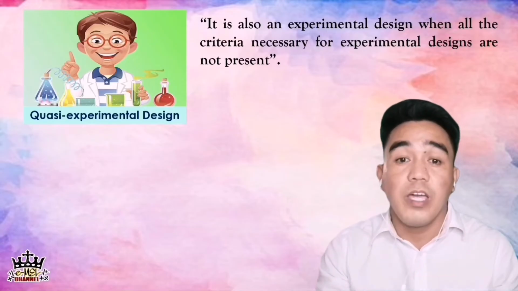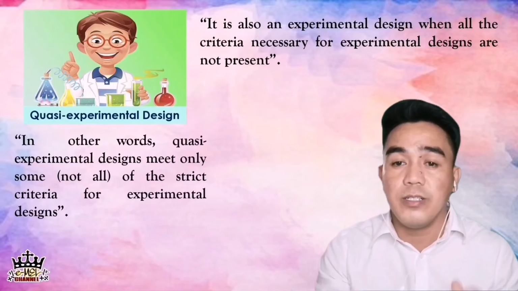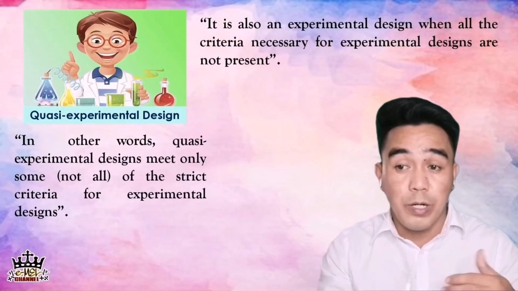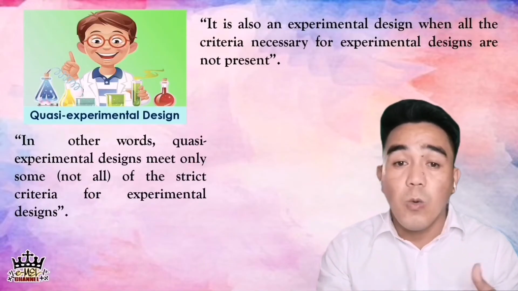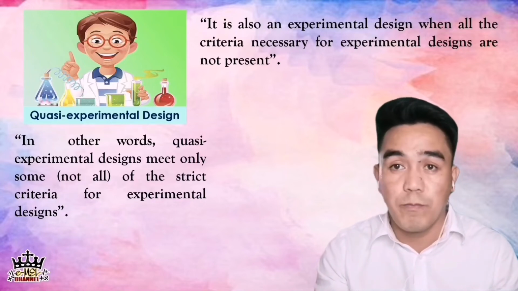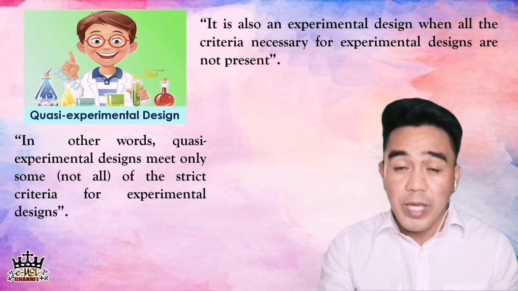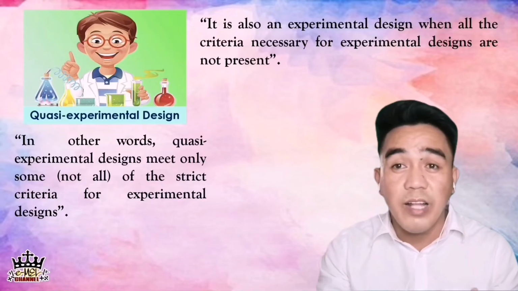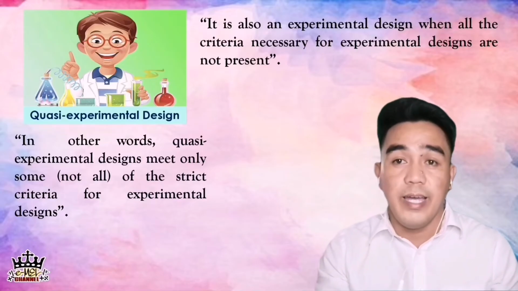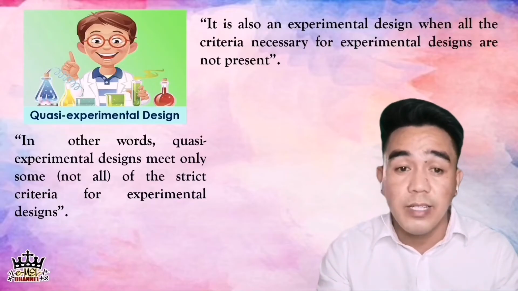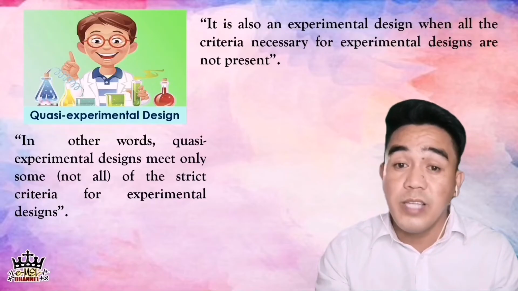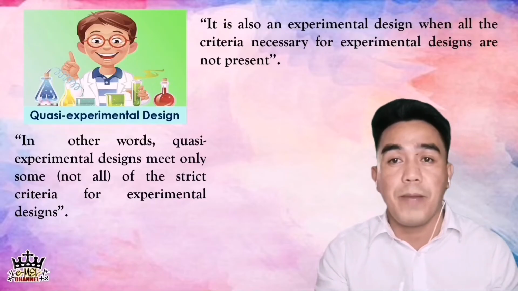That is why, if there is a factor that does not satisfy the experimental design, then the quasi-experiments will take place, which means the participants are not randomly assigned, and as such, they are used in settings where randomization is difficult or impossible.